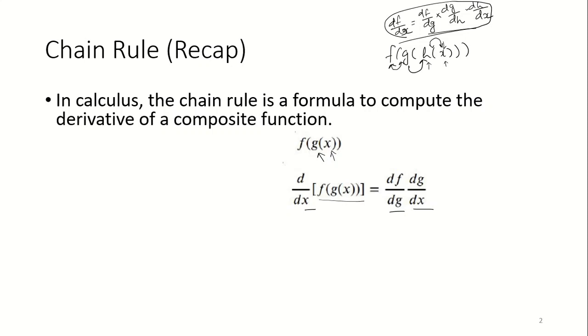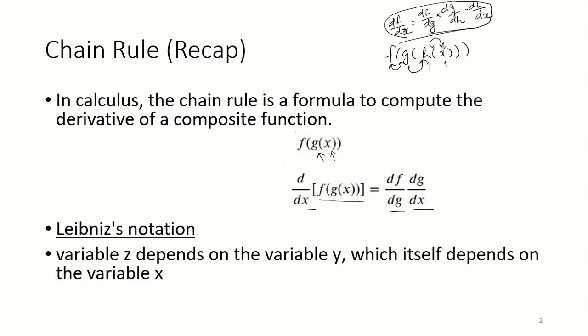Then another notation for this chain rule is Leibniz notation, which is defined in terms of variables. If we have a variable z that depends on y, and y depends on x, then z and y are the dependent variables and x is the independent variable.